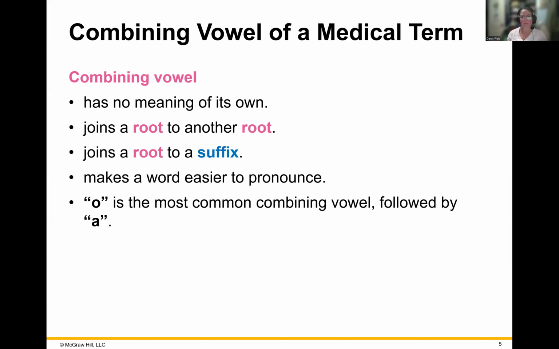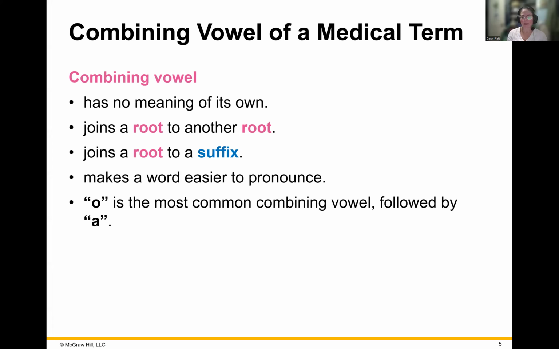Let's go to how we create an actual combining form. Many times in medical terminology, when we want to say something fluid, we have to add a vowel after the root word in order to make it sound fluid.